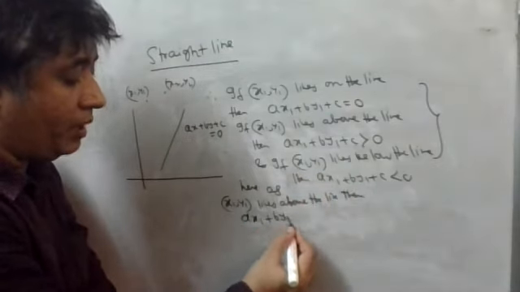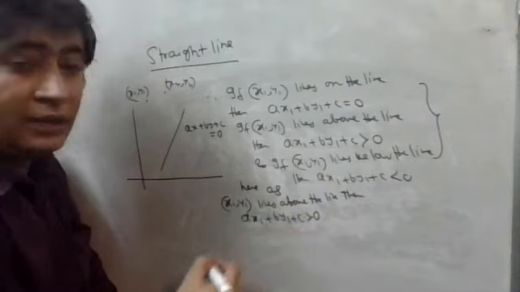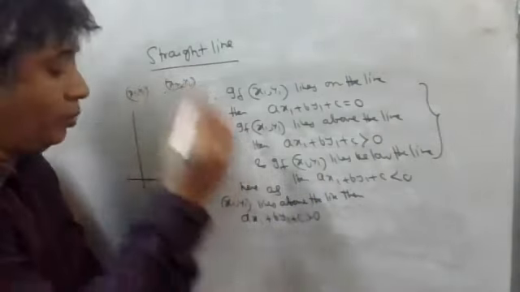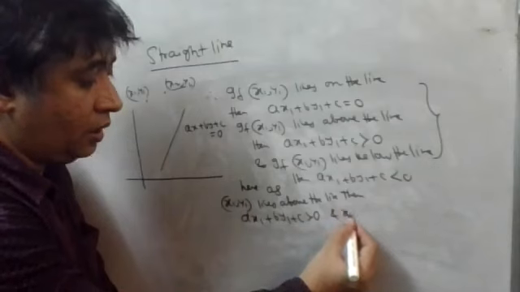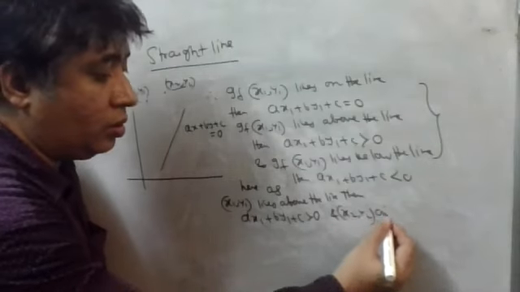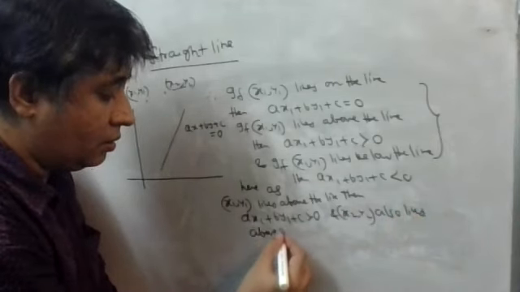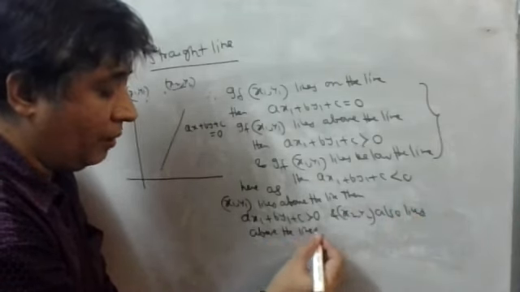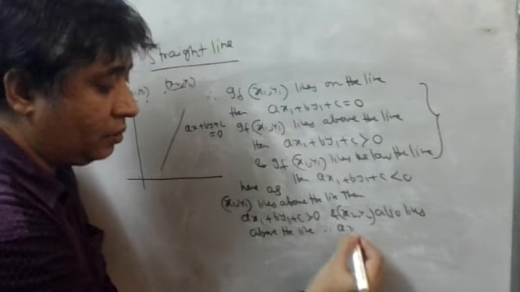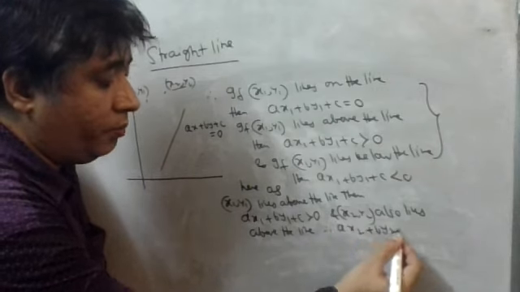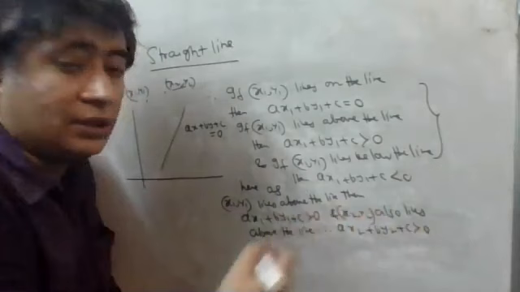a1x1 plus b1y1 plus c greater than 0, and x2 y2 also lies above the line. Therefore, a2x2 plus b2y2 plus c greater than 0.